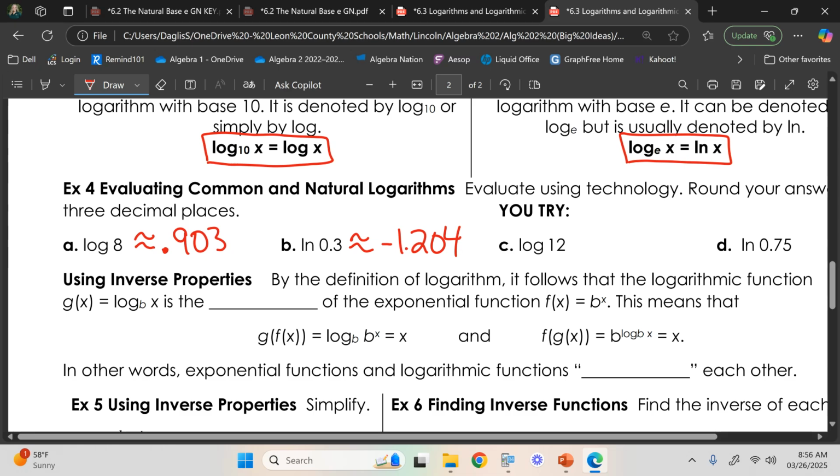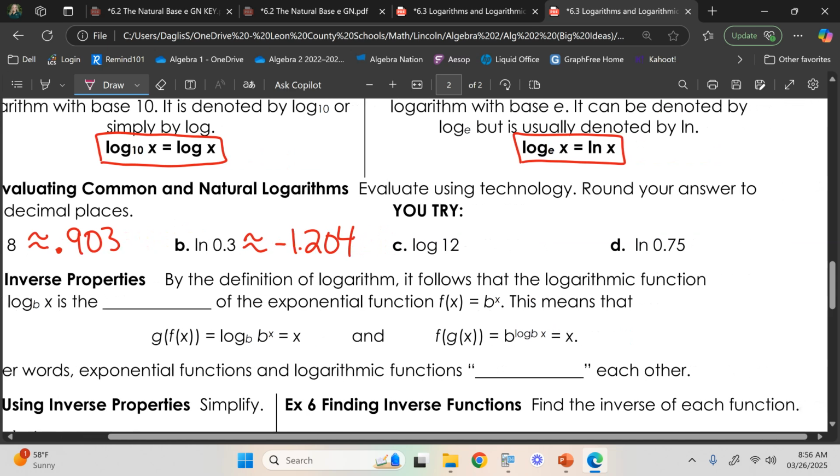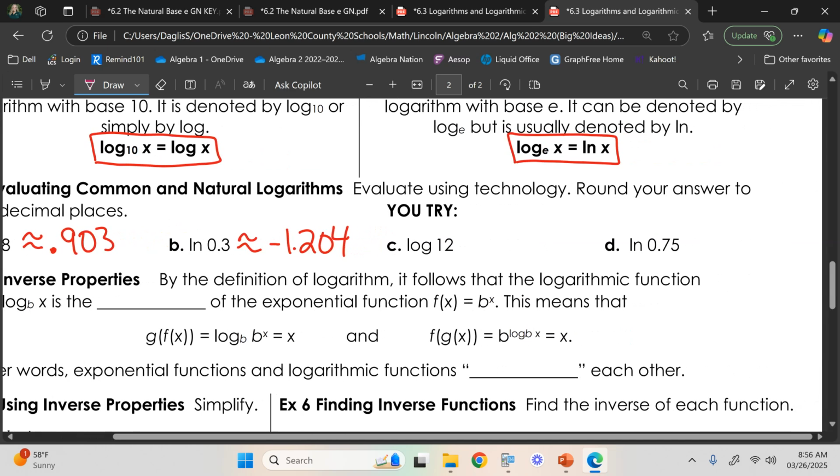So this is, can you type it in? Make sure we know where those buttons are, because you are going to use them a lot. Caden, pick somebody. Danny. Danny, what did you get for log 12? 1.079.